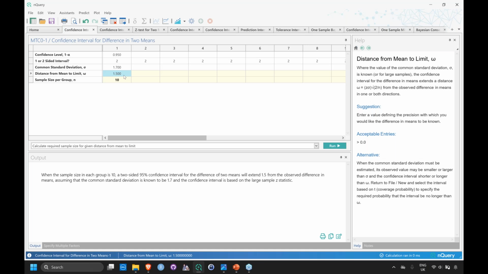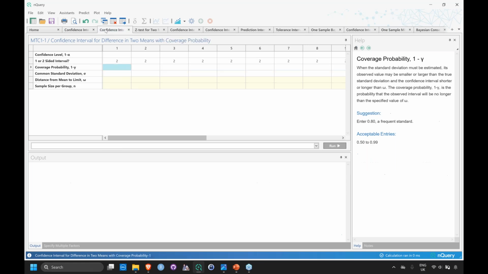Given how you wouldn't really expect this to vary too much, this basic calculation might be sufficient in a lot of cases. But like I was getting at earlier, what if for some reason you're in a situation where you really don't want to have an interval wider than 1.5? Then you could use the next table here, which has the Cupper and Hafner coverage probability included.